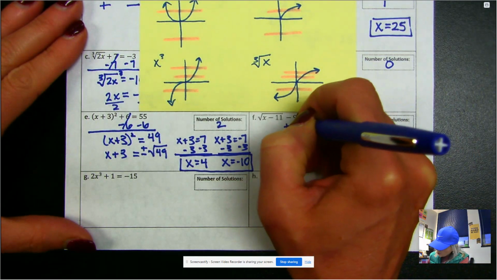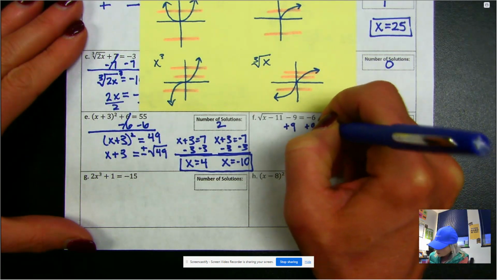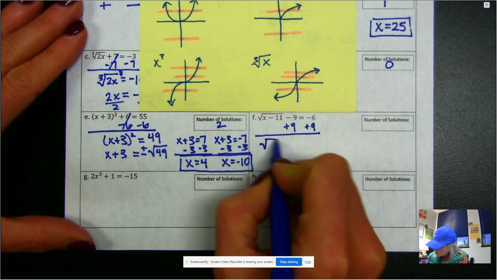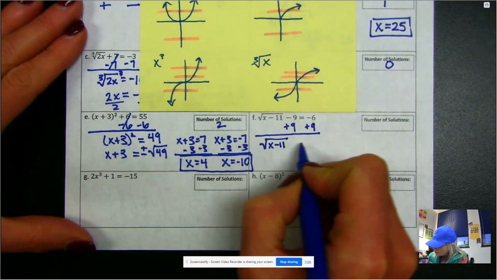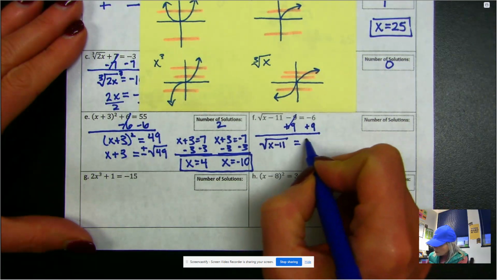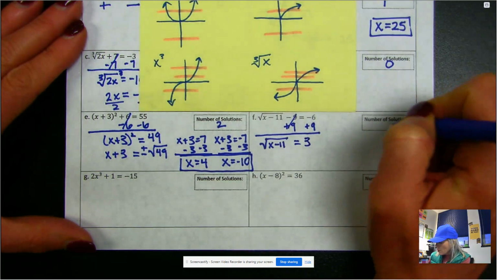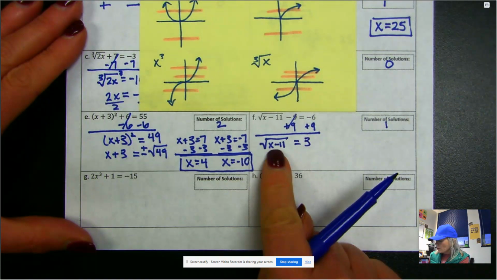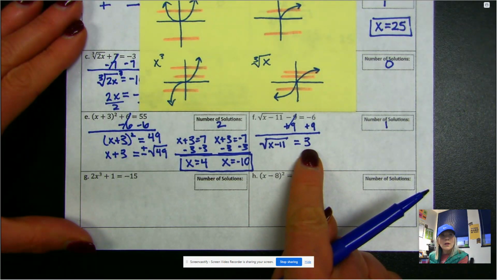So we're going to add it over first. And notice now we have the square root of x minus 11 equals negative 6 plus 9 is positive 3. So this will have 1 solution. Because as long as we've got a square root equal to a positive number, there's 1 solution.